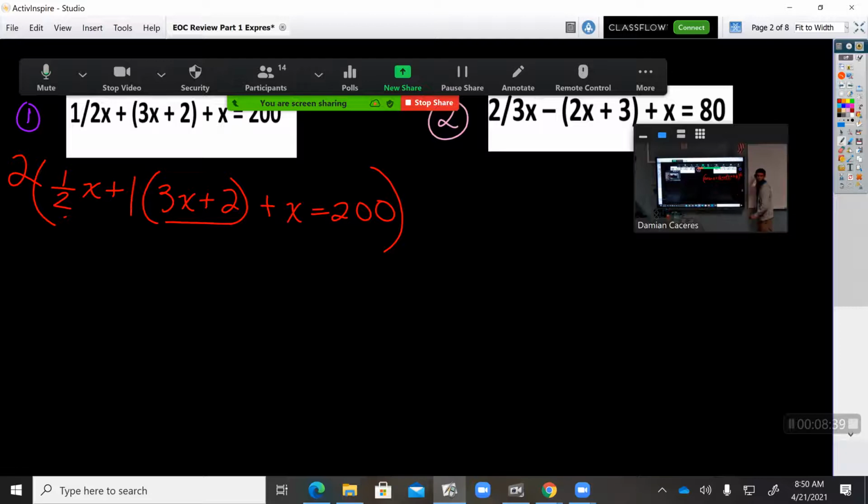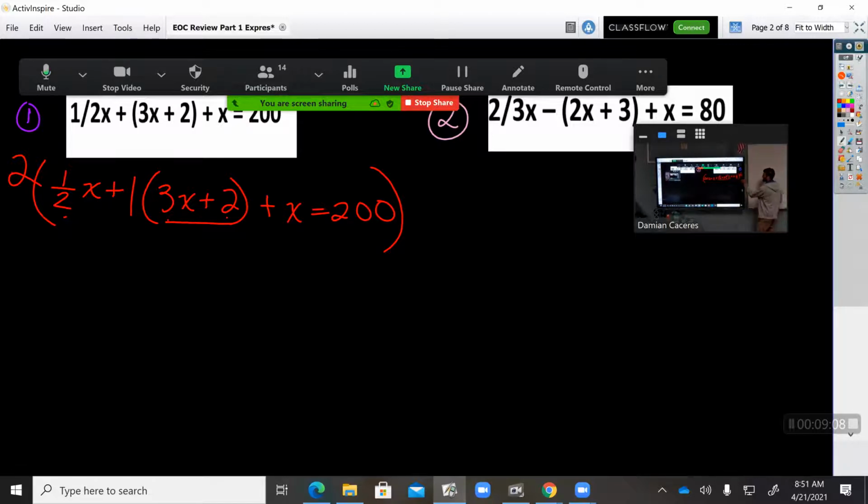Only the number touching the parentheses gets multiplied by 2. So they're going to eventually get multiplied by 2, but after you distribute. That's important because if this number was not an imaginary 1 there, it was a 5, that changes your answer completely because you have to multiply the 5 by 2. So when I say multiply everything by the denominator, I mean everything except parentheses.